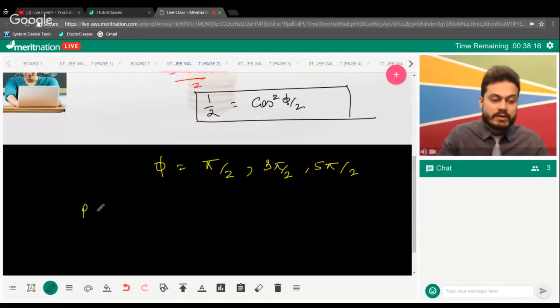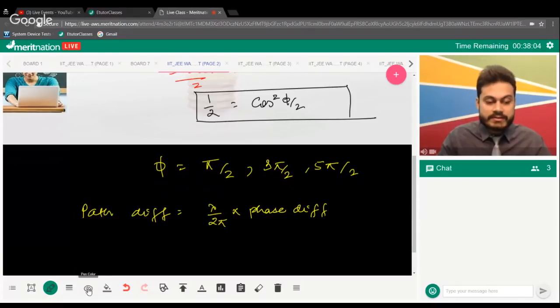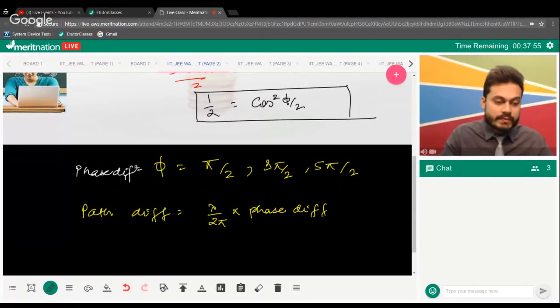Okay, and now what is the path difference? What is the formula for path difference? It is equal to lambda by 2 pi into phase difference. I actually calculated the phase difference over here, and I have to find the path difference, right? Good.